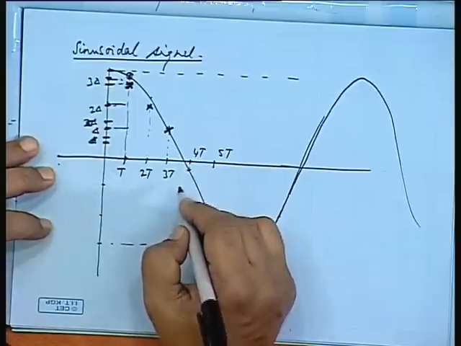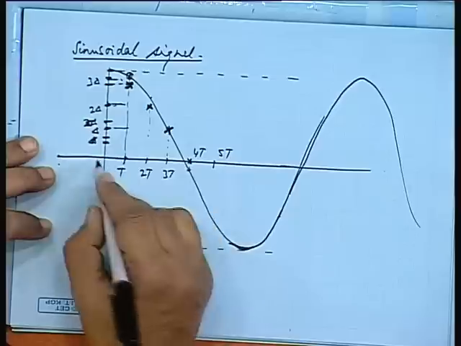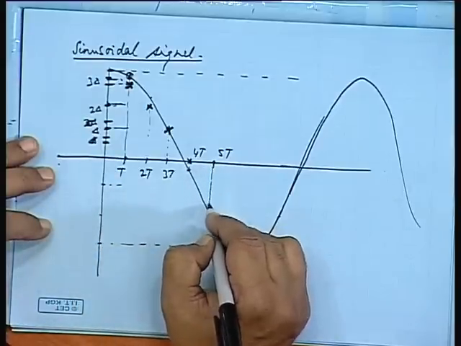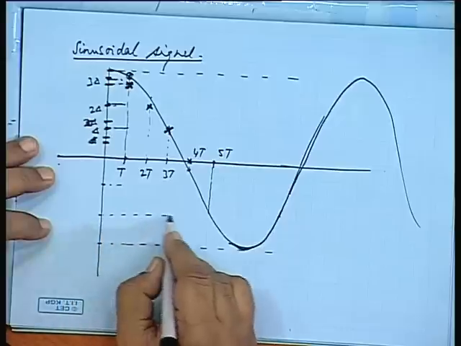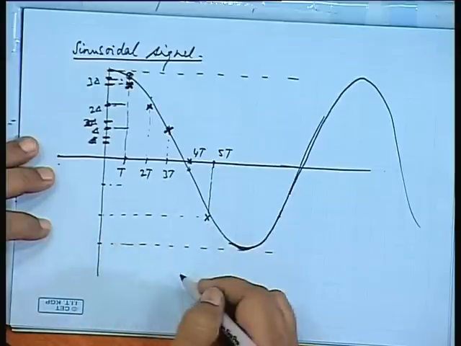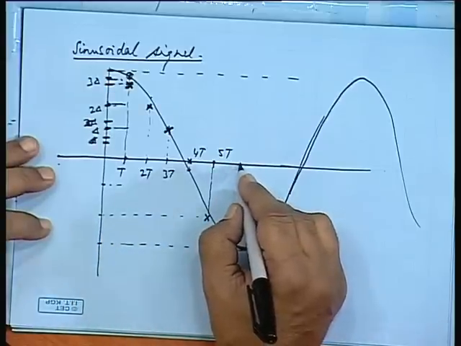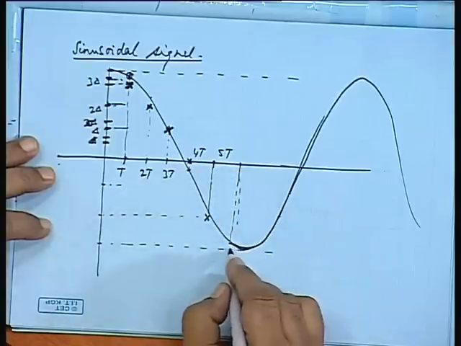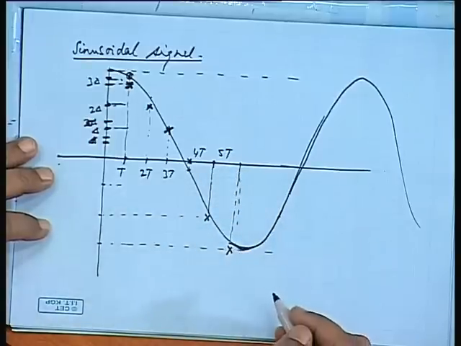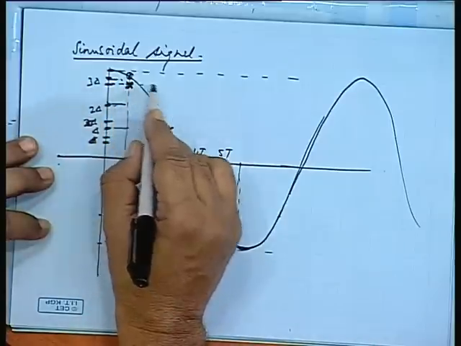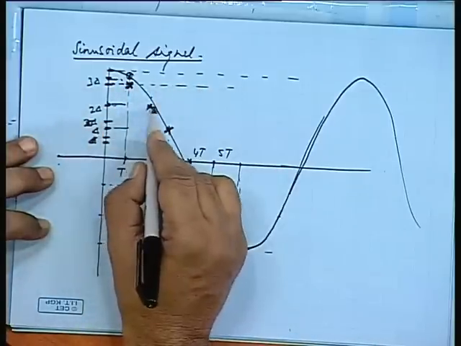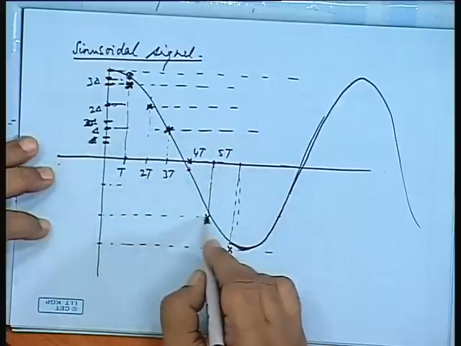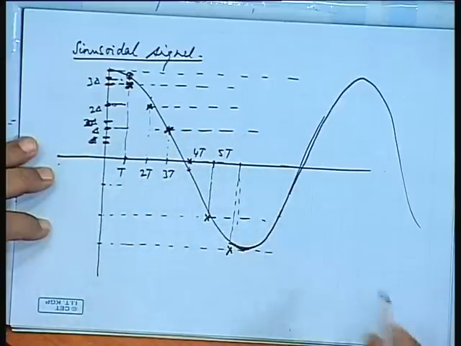At 4t it is this, it will be close to 0, and 5t it is here, it will be like this, and at 6t it is here, so it will be sampled as this. So, the values are like this.